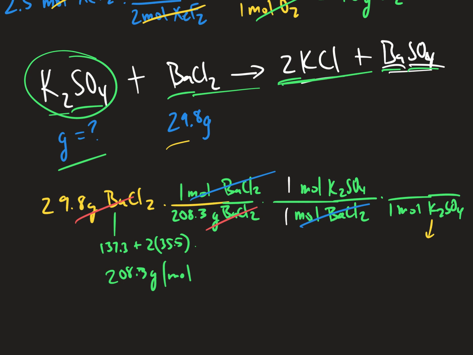Potassium is 39, what is it? 39.10. 39.1, we'll multiply that by 2, plus sulfur is 32, plus oxygen, 16, multiply by 4. 174.27 grams of K2SO4.